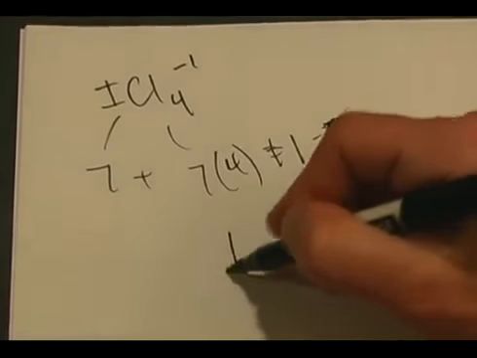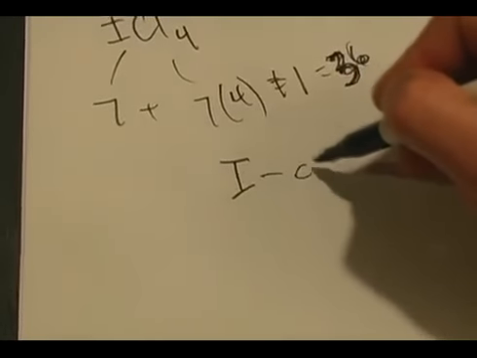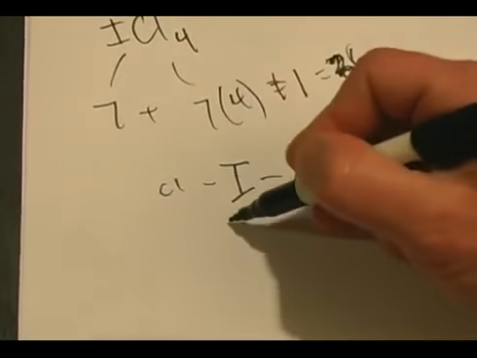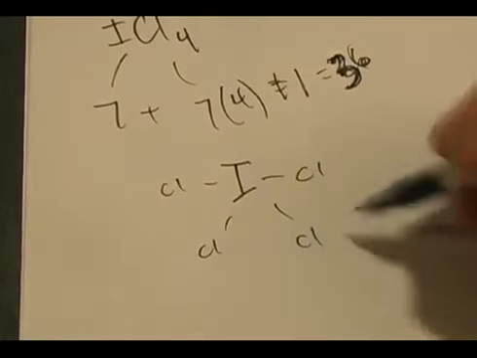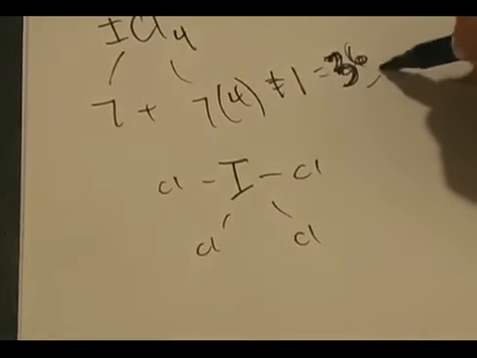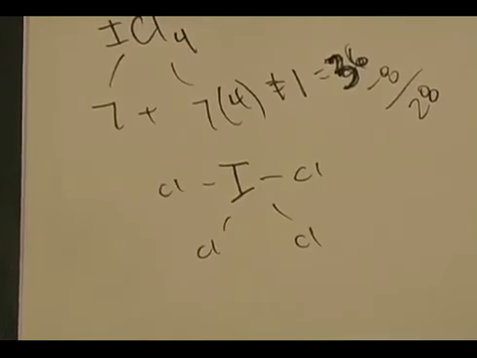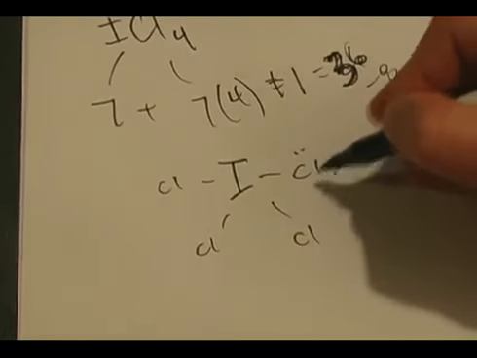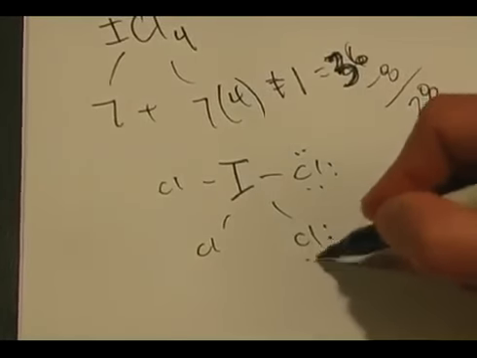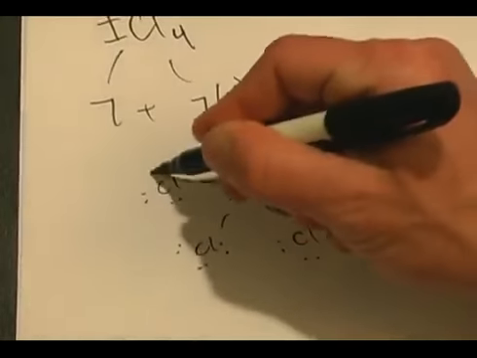Now put the iodine in the middle because it's the least electronegative. Bond the chlorines around it. 1, 2, 3, 4. Okay. It uses up 2, 4, 6, 8 electrons. 36 minus 8 leaves me with 28 electrons. Go ahead and fill the octets of the chlorines. 2, 4, 6, 2, 4, 6, 2, 4, 6, 2, 4, 6.